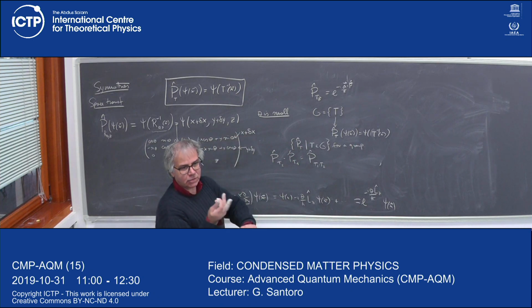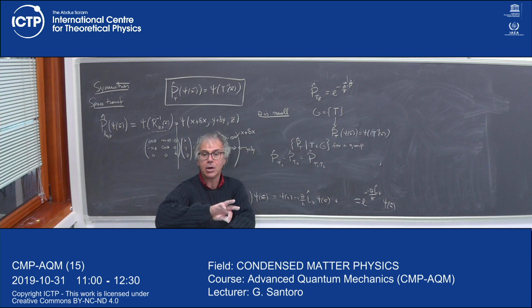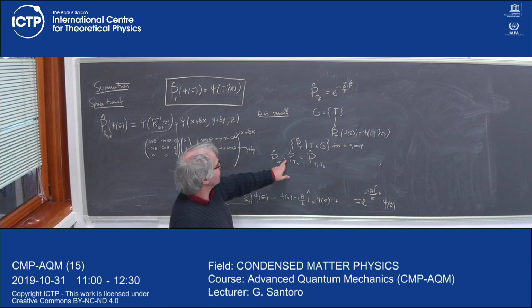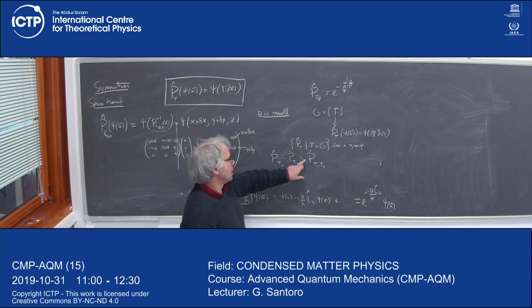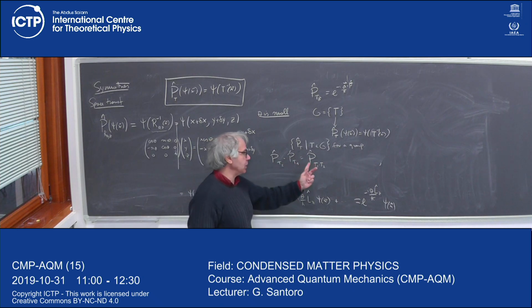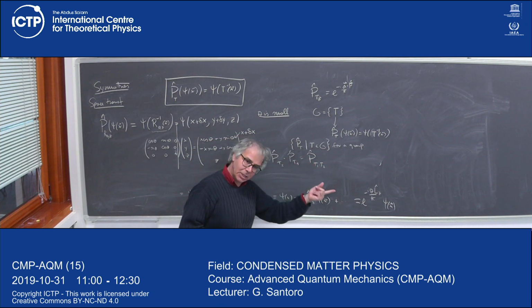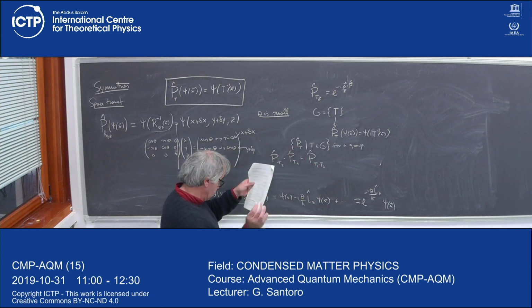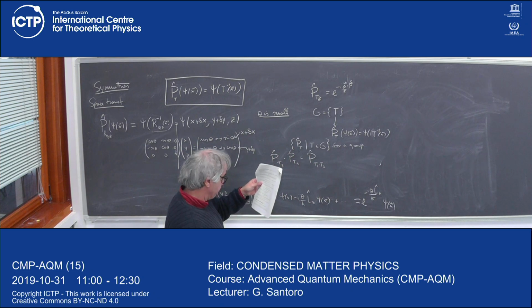Remember that the inverse of a product is equal to the product of the inverses in the opposite order for matrices, right? In precisely the same way, you can show that the product of two transformations of the wave function is equal to the transformation with the product of the transformations, but exchanged. Okay? So that's a rule for the product of this object, and you can show it is a group.